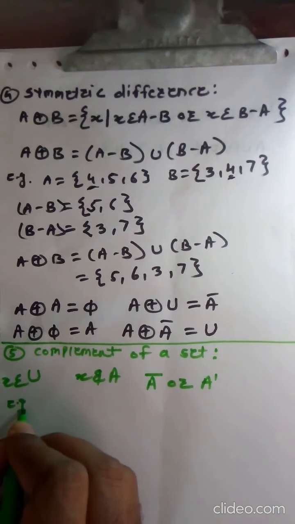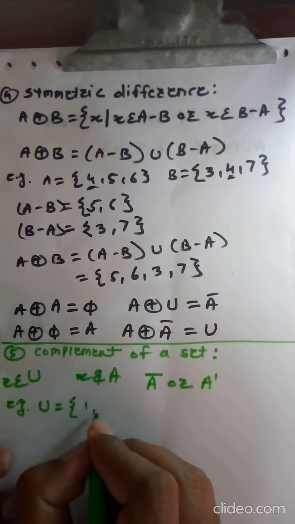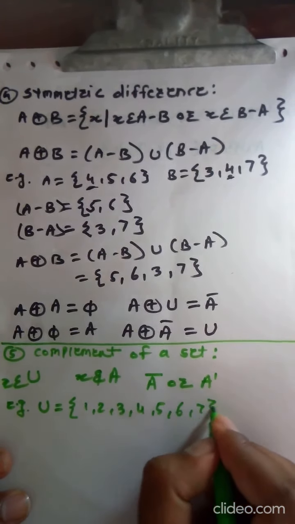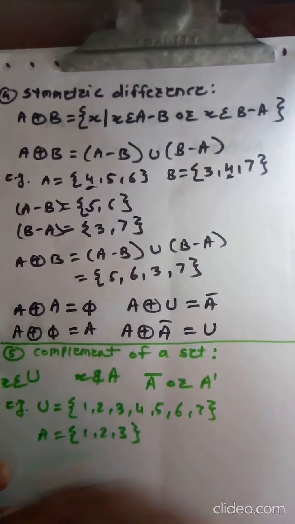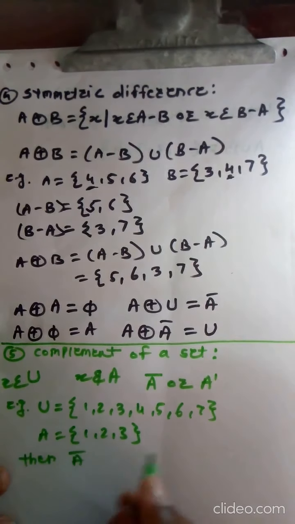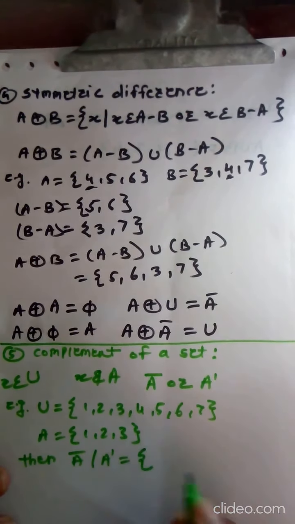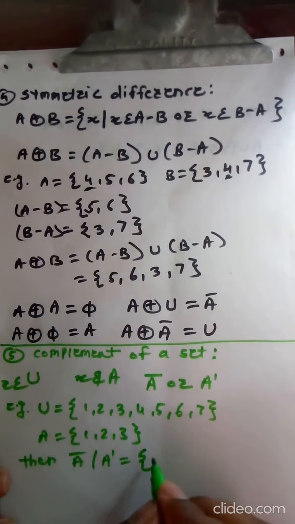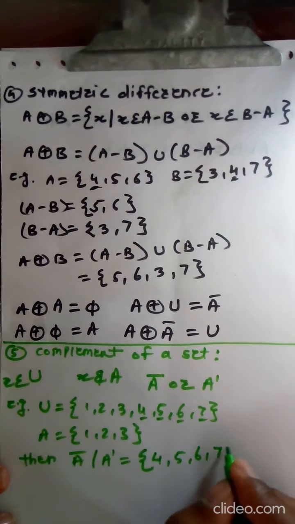Now consider an example. If U is the universal set which contains the elements 1, 2, 3, 4, 5, 6, 7, and A is equal to {1, 2, 3}, then A's complement or A dash is equal to the elements which belong to U but do not belong to A, that is {4, 5, 6, 7}, right?